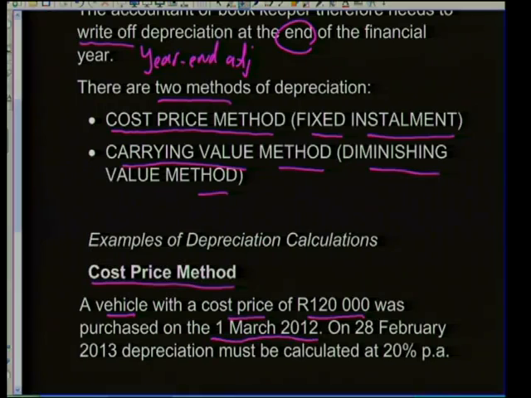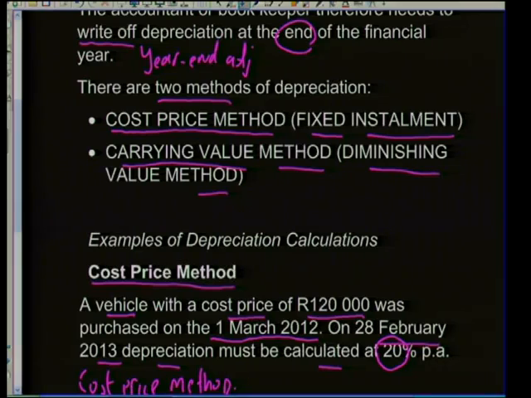On the 28th of February 2013, depreciation must be calculated at 20% per annum, using the cost price method. So we're going to calculate depreciation. Let me just fill it in using the cost price method.